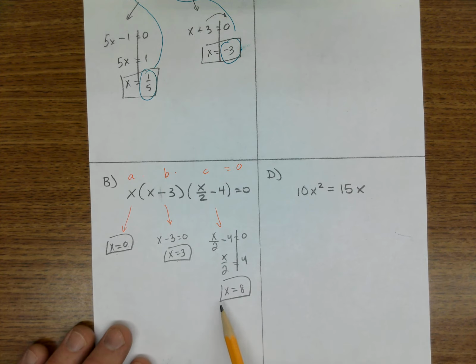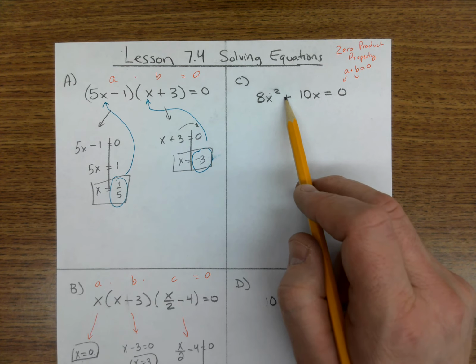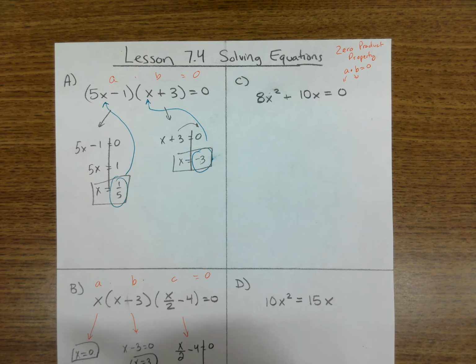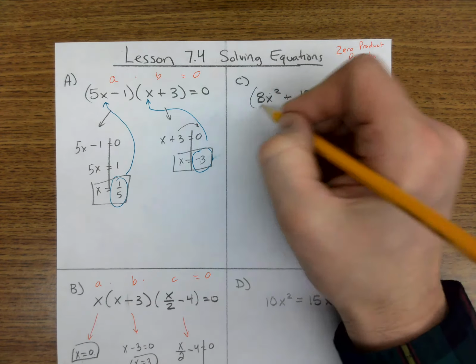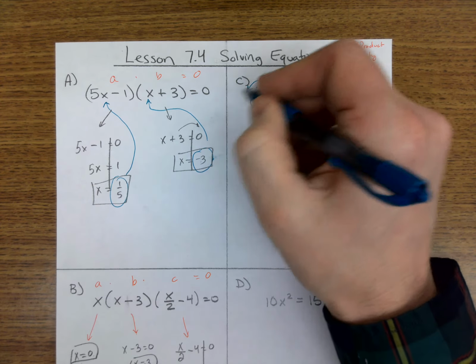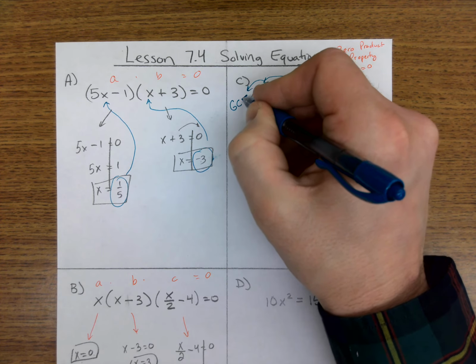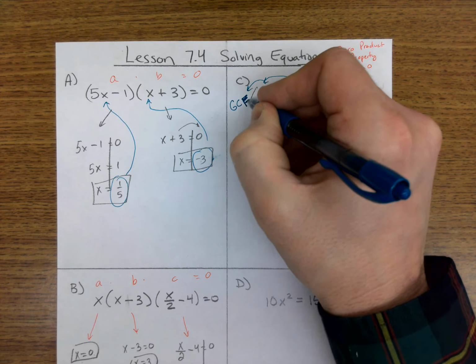All right, when we get to problem C, we don't have it set up like this. These are being added, and we can't do anything with addition. We have to get to multiplication. So what we do is we factor the GCF out of both of these. What is the GCF of 8 and 10?